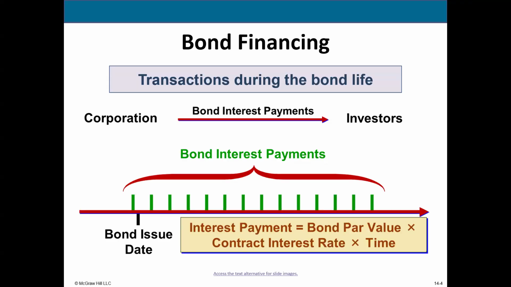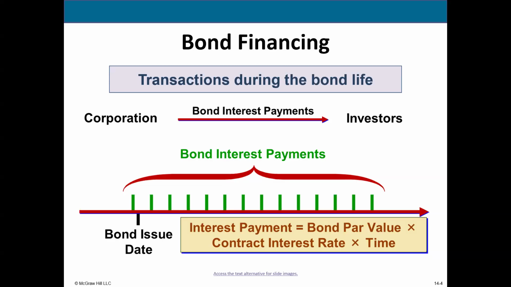So bonds, again, very similar to the way loans work. They have a face value, they have an interest rate. The face value of a bond is also called the par value of a bond.